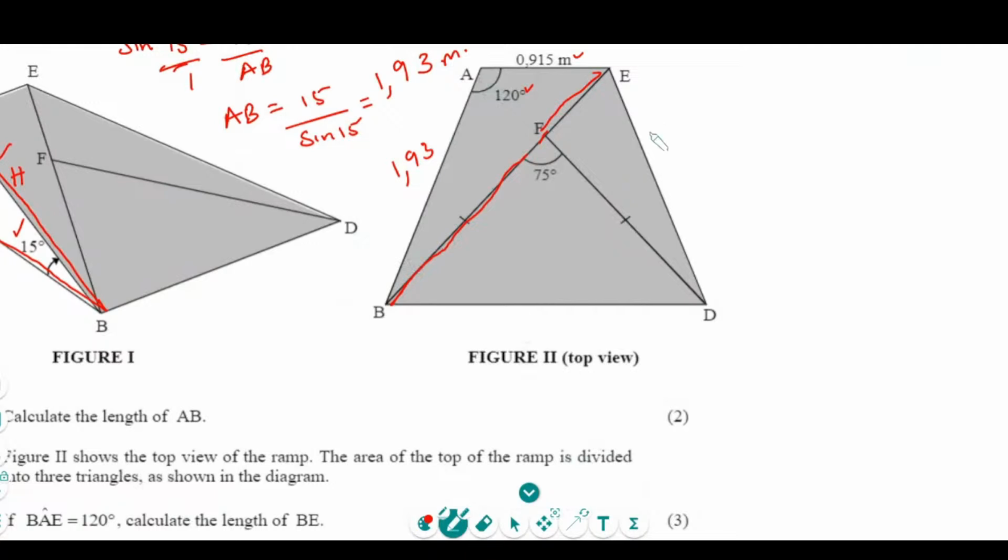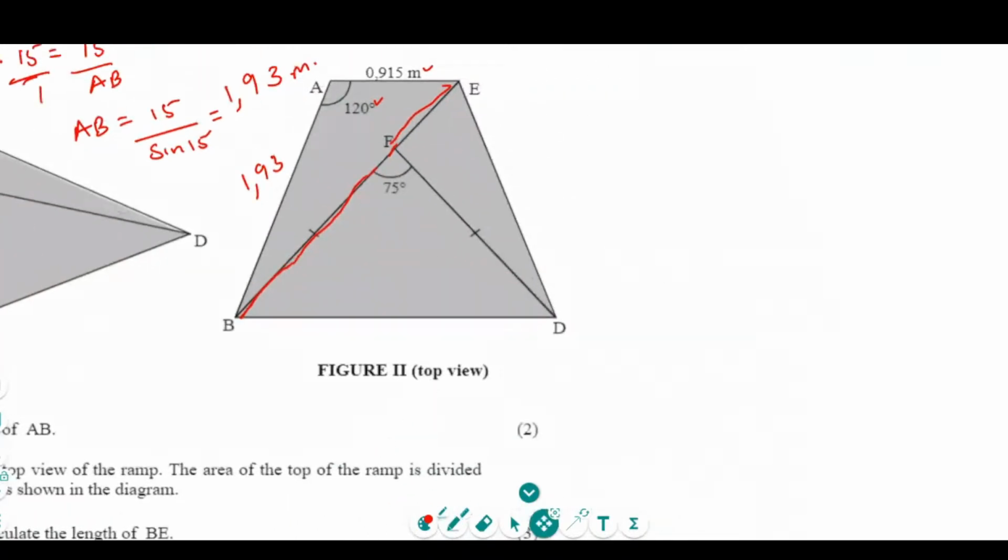So BE squared is equal to AE squared plus AB squared minus 2AE times AB times the cos of A.